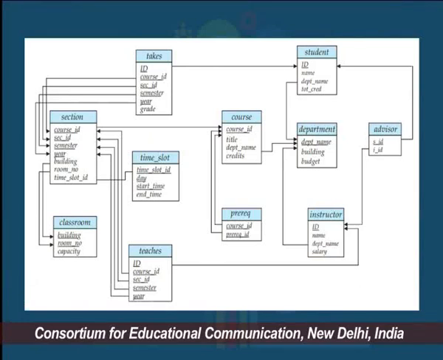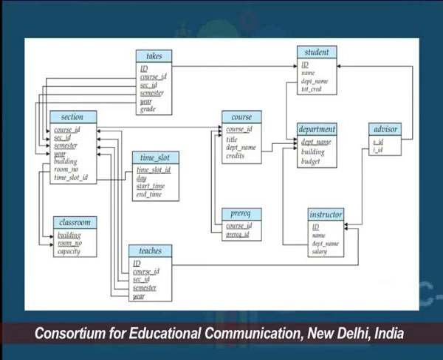This course ID is actually a primary key inside the course table, whereas in prerequisite it is taken as the foreign key. So there is an arrow starting from the course ID of the prerequisite table to the course ID of the course table. The tail of the arrow is at the foreign key, while the head of the arrow is at the primary key.